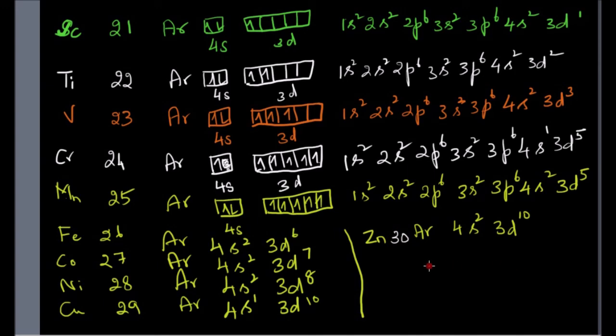For elements which come after zinc, the orbitals are filled in the order 4p, 5s, 4d, 6s, 4f, 5d, 6p, 7s, etc. So this is the order of arrangement of orbitals in the increasing order of energy.